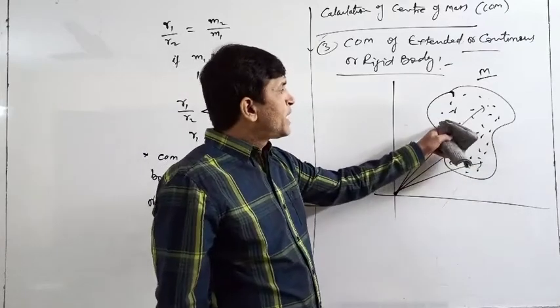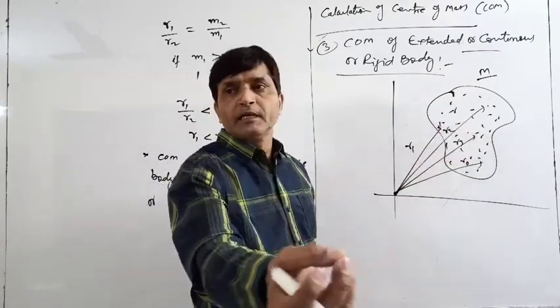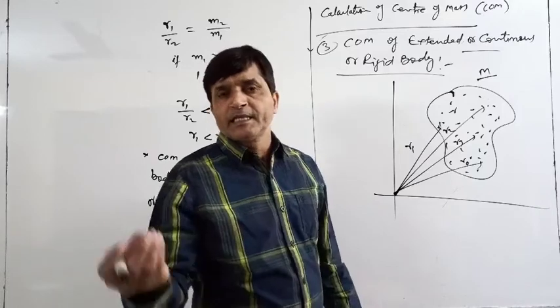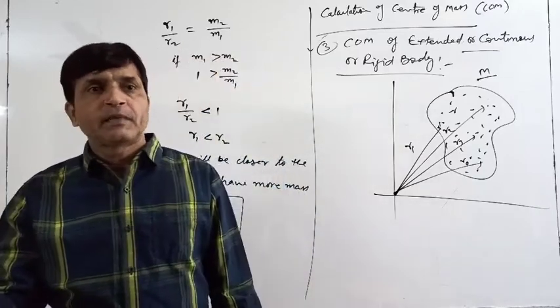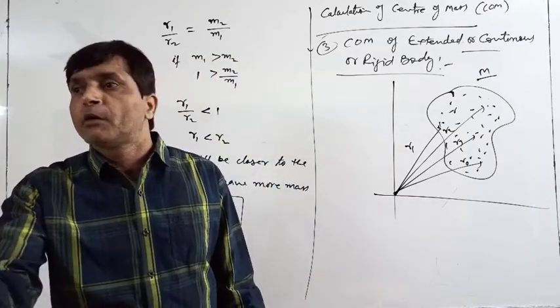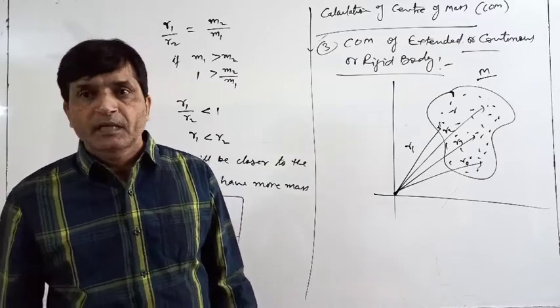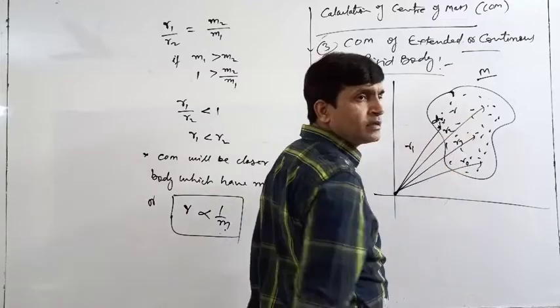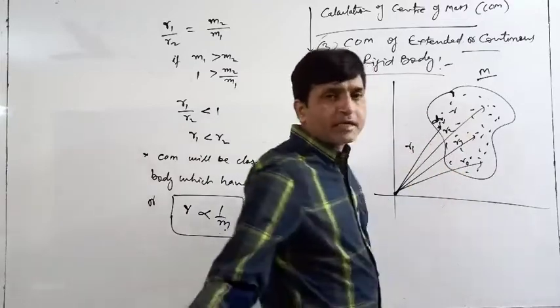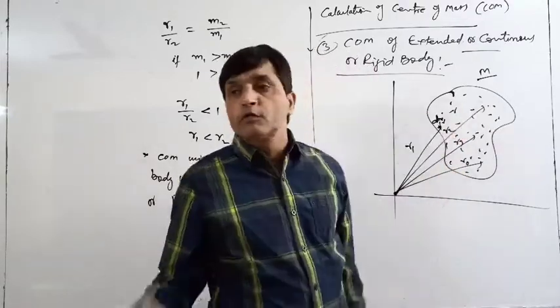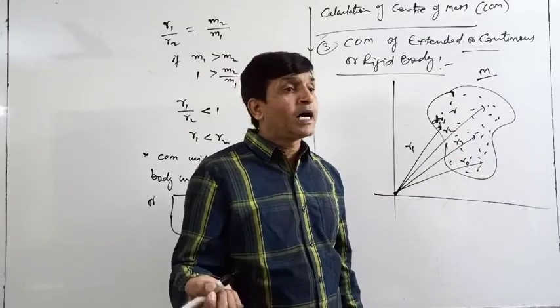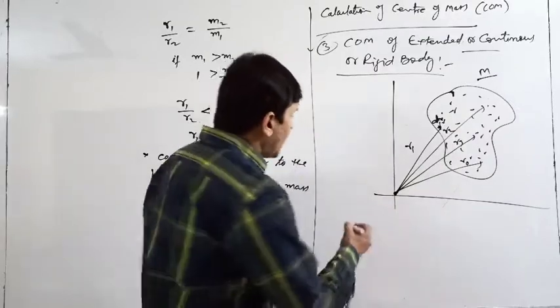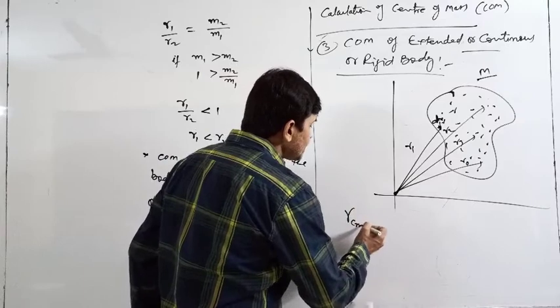So one particle let have mass m1, m2, m3, and these particles are small mass. Small particle is very small amount of mass. So one of the particles let have mass, I can say dm1, which is at distance r1. Another dm2, this is r2. So how to calculate rcm?